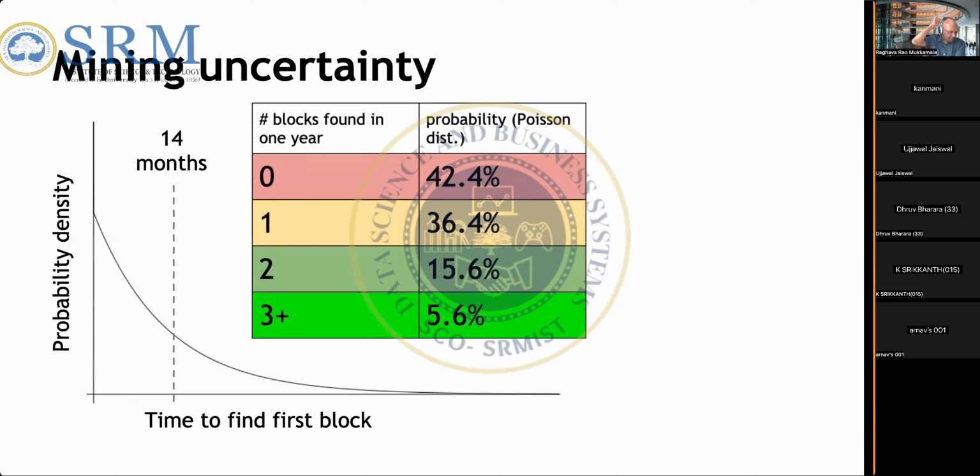Again, if you have a few hundred ASICs and things like that, then the probability of finding one block is 30%, and the probability of finding 0 blocks is 42%. That means you are left with no blocks. But the probability of finding 3 or more blocks is 5%.